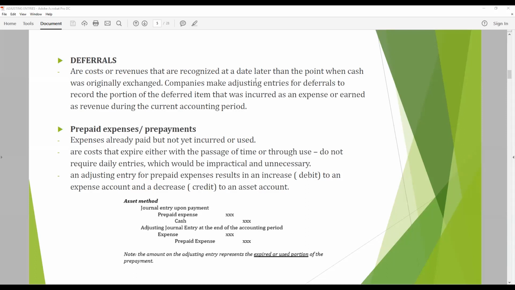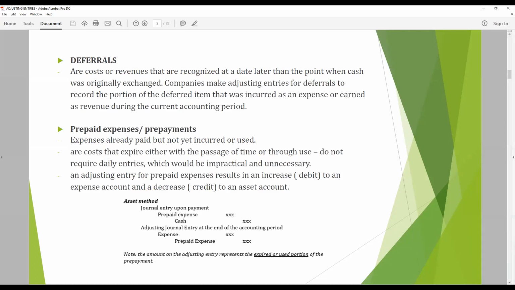So example dito, cost or revenues are recognized at a date later. So later pa dapat siyang i-recognize. Pero na-receive nyo na ang cash.